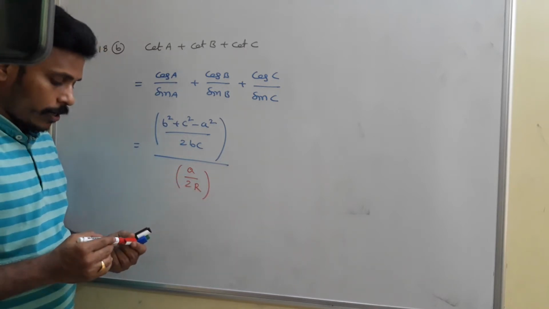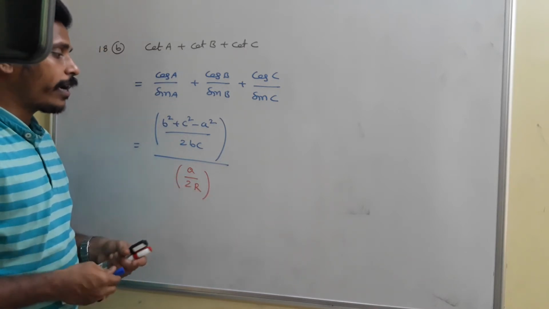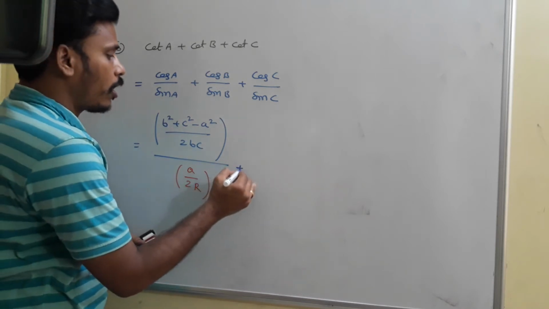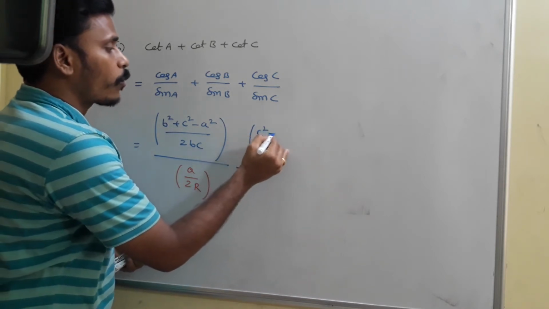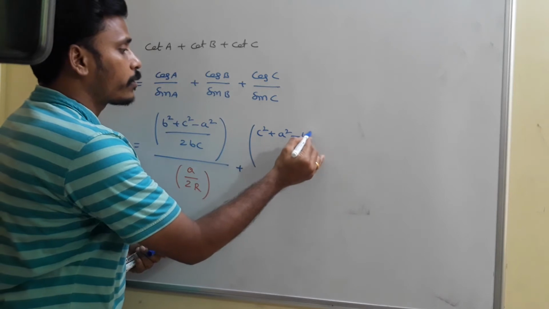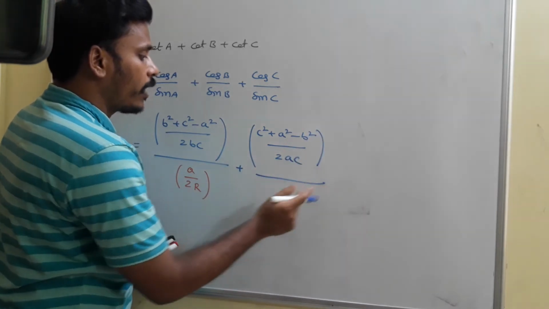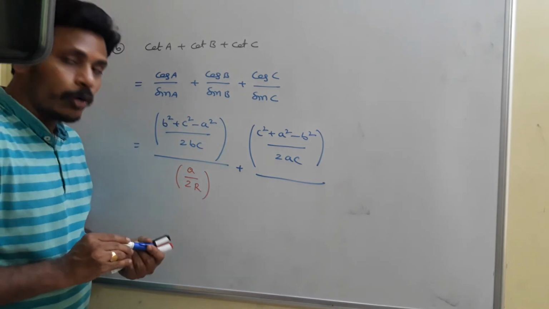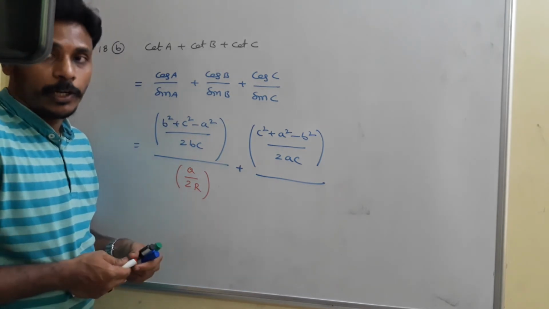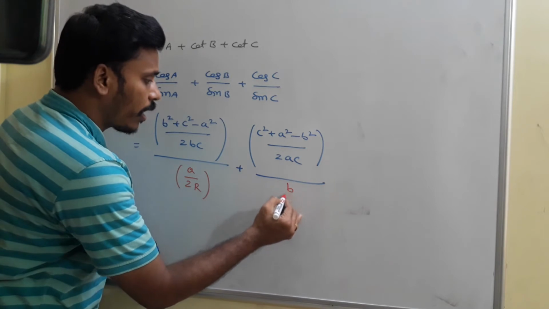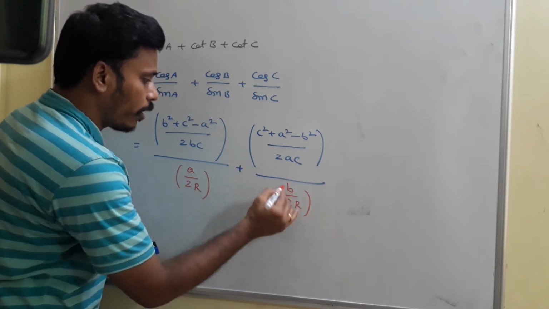In a similar way, you write for cos B by sin B. Cos B is (c square plus a square minus b square) divided by 2ac. And here sin B we write as b by 2r, because b by sin B is 2r and sin B is b by 2r.